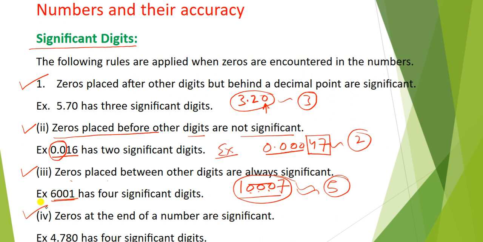Now the fourth point is that zeros at the end of a number are significant. If we consider the example 4.780, here this zero is a trailing zero, and trailing zeros are significant. So this number has 4 significant digits.